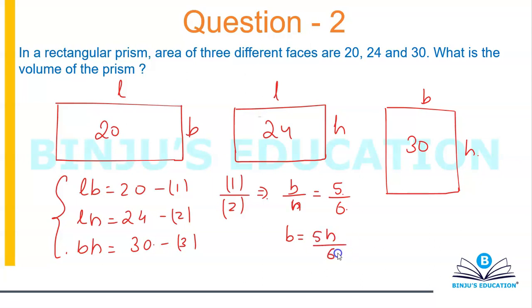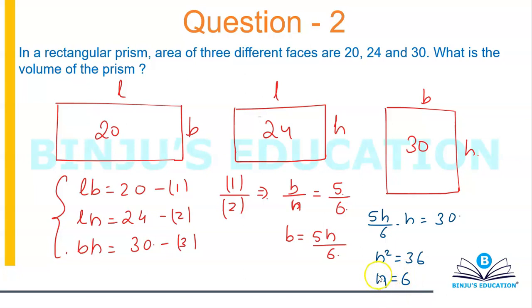Now putting the value of B in the third equation, 5h by 6 into h is 30, which gives h square is 36, so h is equal to 6.